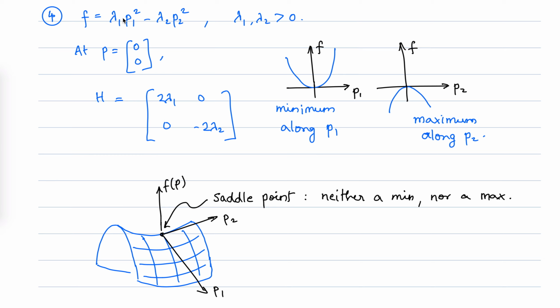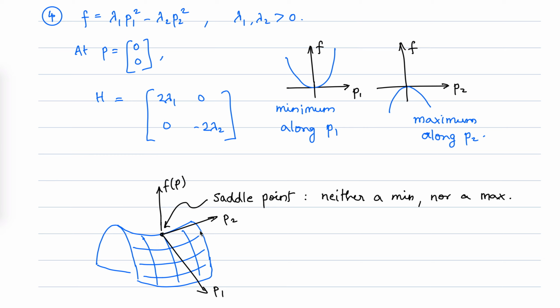If you just ignore p1 and look at p2, f equals minus lambda 2 p2 square, f as a function of p2 looks like this, where it has a maximum at p2 equals 0, right? So this function is a minimum along one direction, maximum along another direction. And this can happen in m dimensions as well, where there are a few directions in which the function seems like a minimum and a few directions in which it seems like a maximum. And of course it's neither.